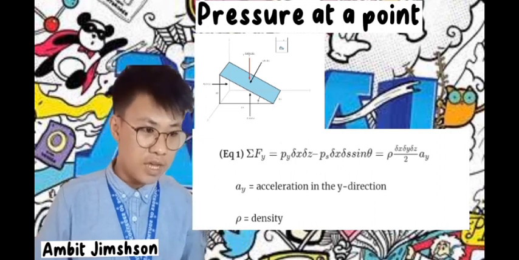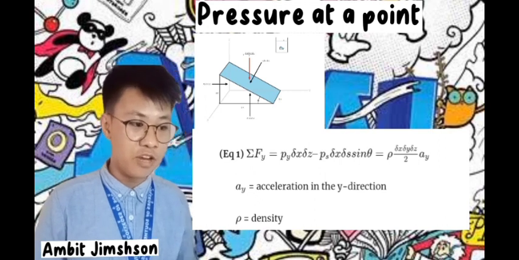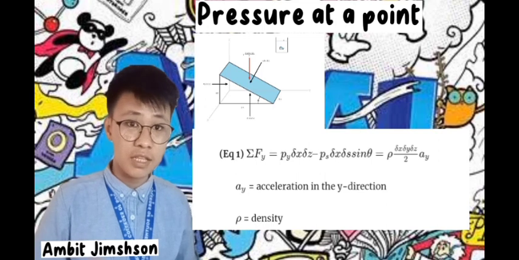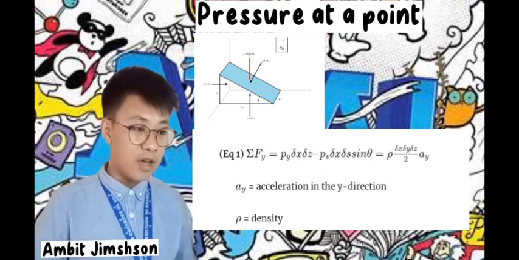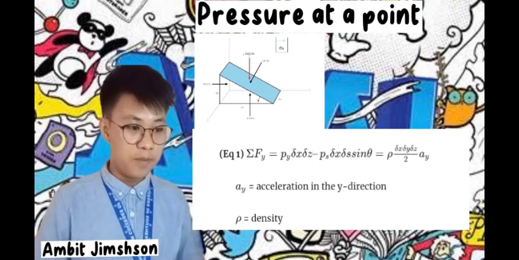This is equal to the mass density, or rho, of the fluid multiplied by the area of the surface, delta x, delta y, multiplied by the acceleration due to gravity, and multiplied by the depth of the fluid.